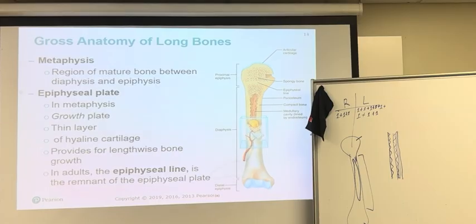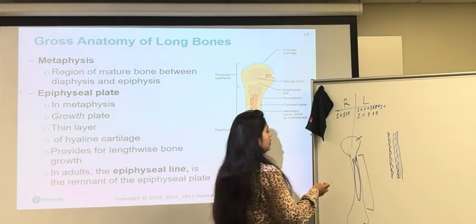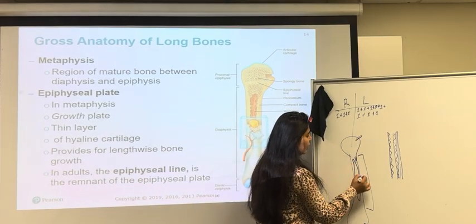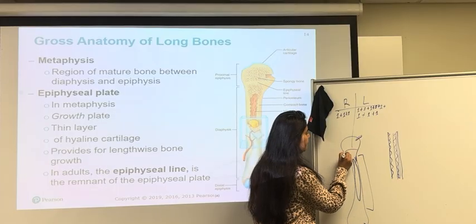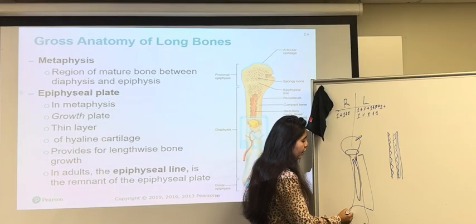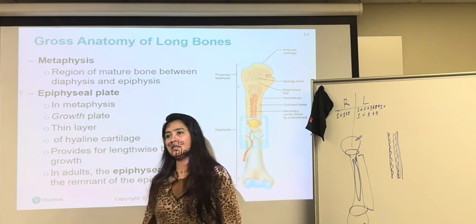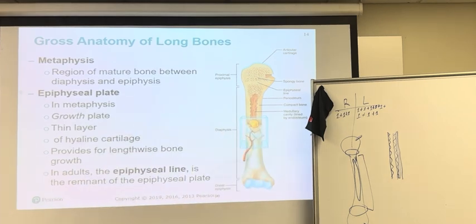Now let's talk about the very important part. You have the epiphysis, you have the diaphysis. In between the epiphysis and diaphysis, you have the what? Metaphysis. So whenever you were growing taller, how did you become taller? The way you became taller is by the lengthening of all these long bones.